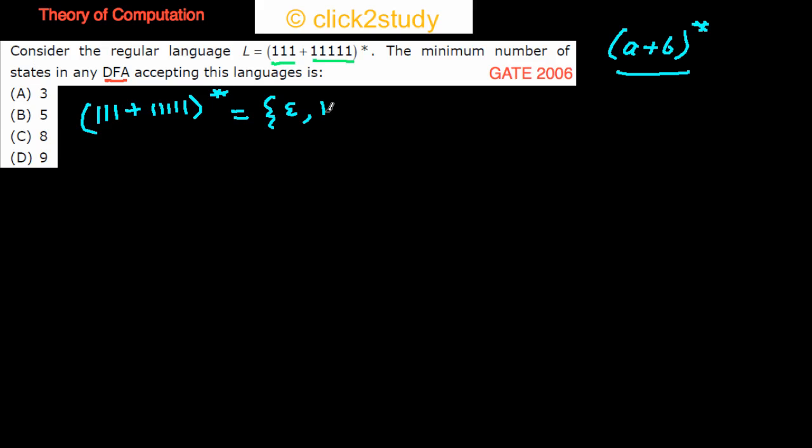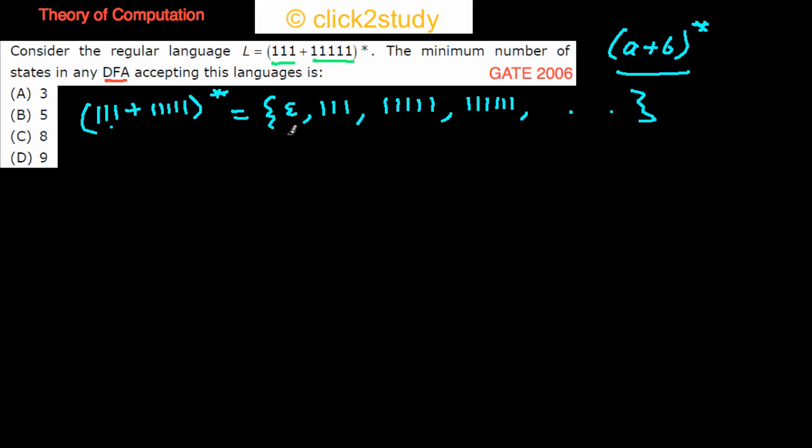If you do it once, you get 3 ones or 5 ones. Then you can do this with itself, so you will get 6 ones. You can get 10 ones, you can get 8 ones, and so on. So you'll get a set of strings like this.